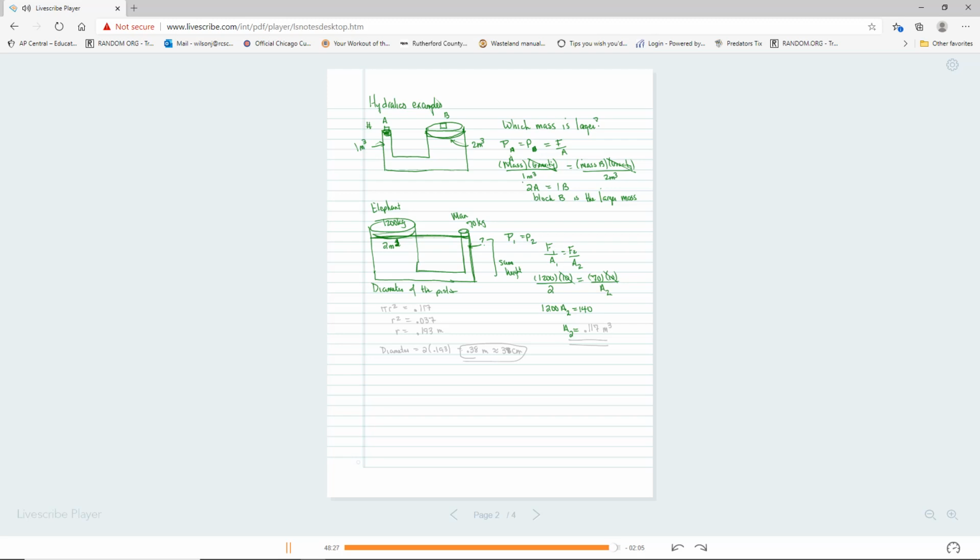I get 0.1167, or about 0.117 meters cubed. Okay. Now how can we find the diameter? Well, actually, let me stop there. Is everybody okay with where all the numbers came from and how they go in? So a hydraulics problem is basically saying force over area equals force over area and solving for the piece you need.